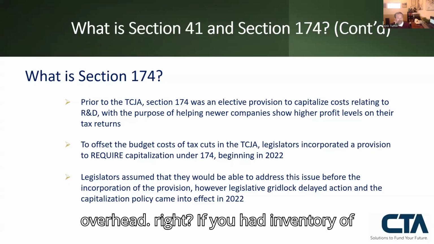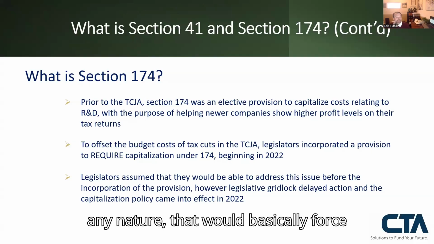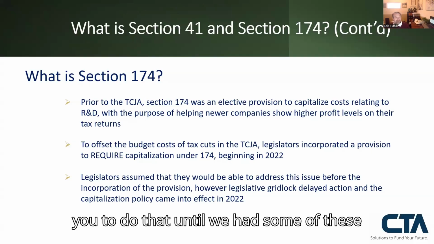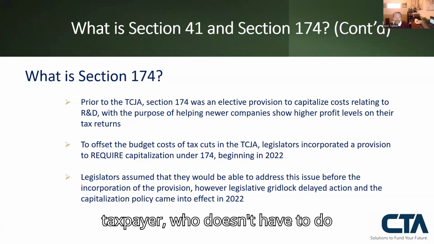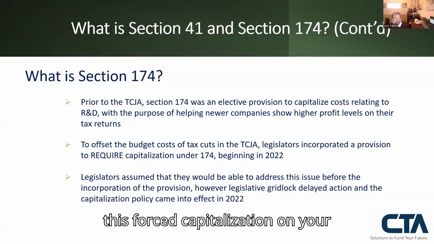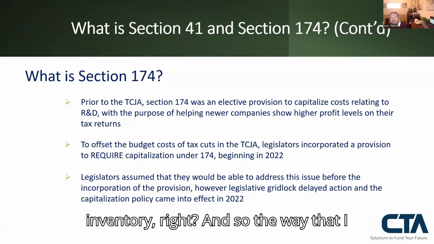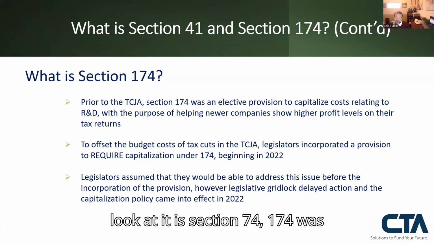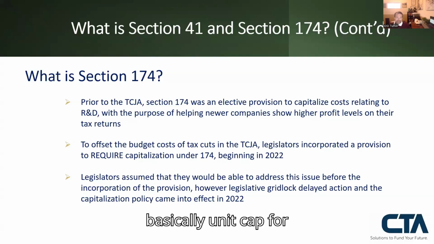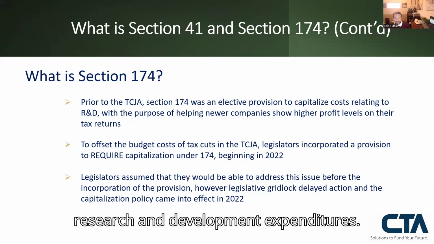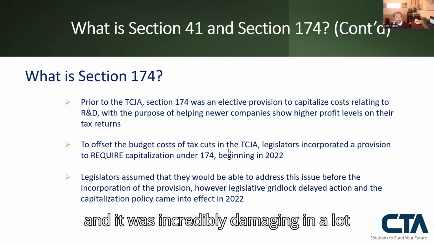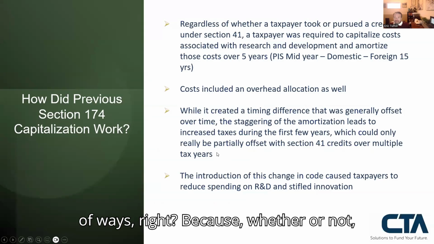If you had inventory of any nature, that forced you to do that until we had some of these definitions on what is a small business taxpayer, who doesn't have to do this forced capitalization on your inventory, right? And so the way that I look at it is Section 174 was basically UNICAP for research and development expenditures. And it was incredibly damaging in a lot of ways, right?